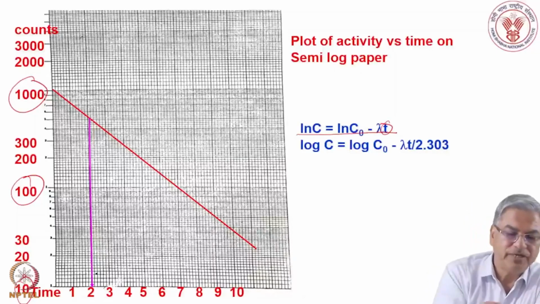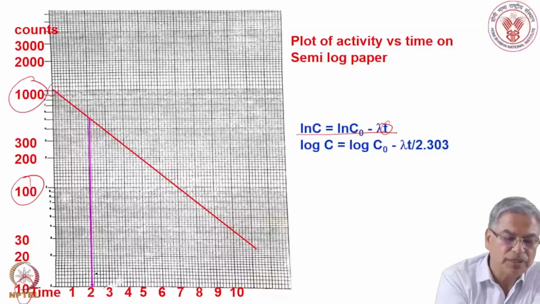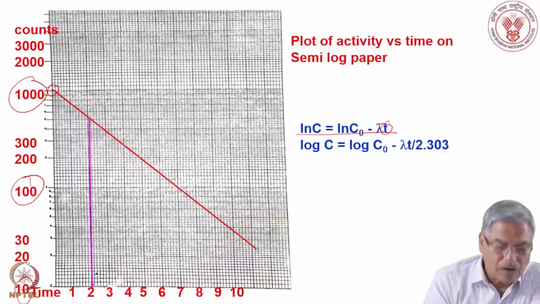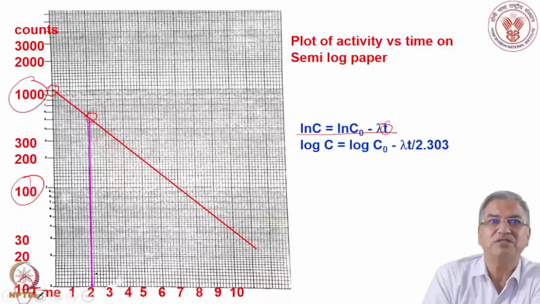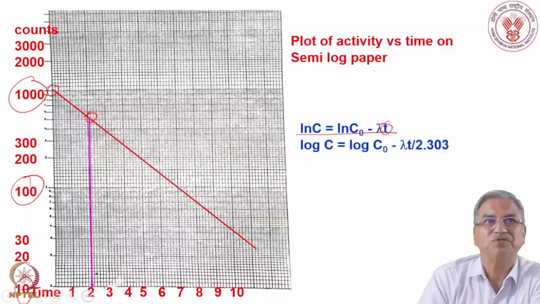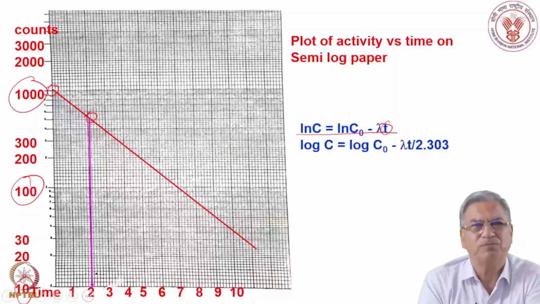Suppose the initial counts was 1000. When counts become 500, you can read on the x-axis that the time is 2 hours. So straight away from the semi-log paper, you can find the half-life in a much simpler way. Once you find the half-life, you can find the decay constant lambda equal to 0.693 upon T.